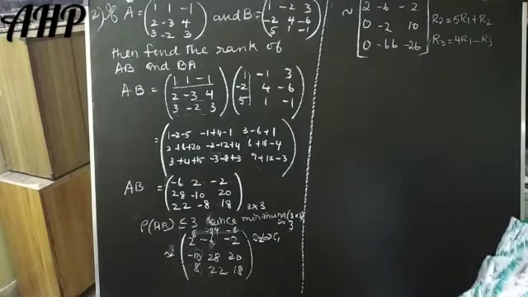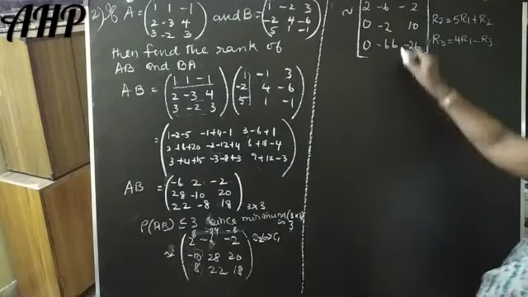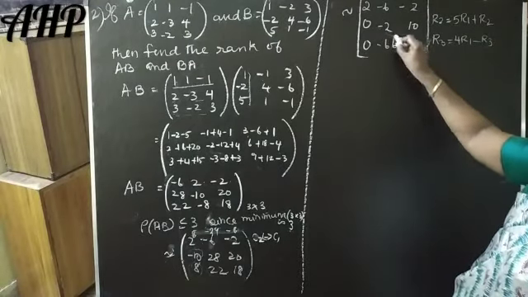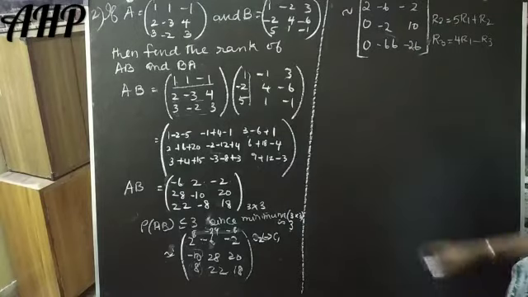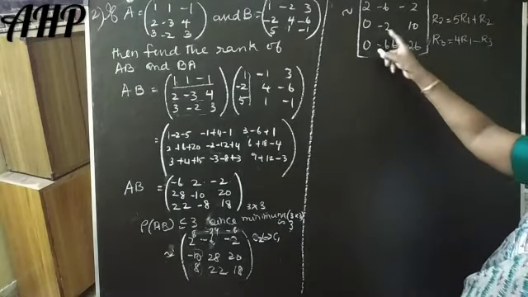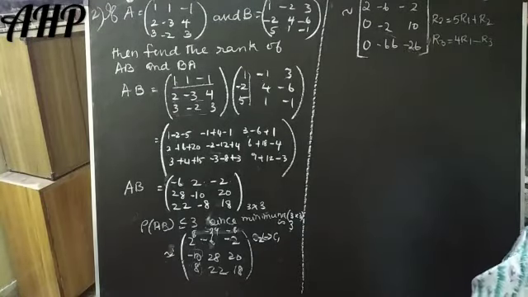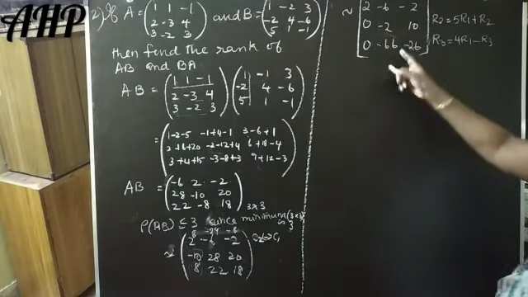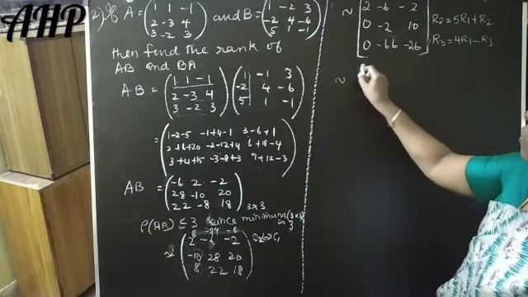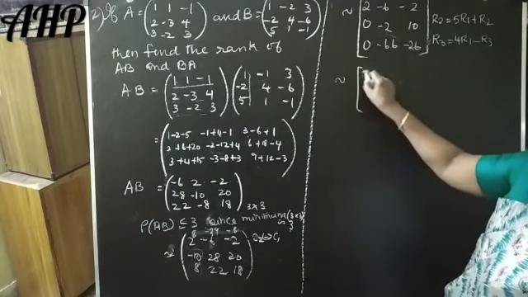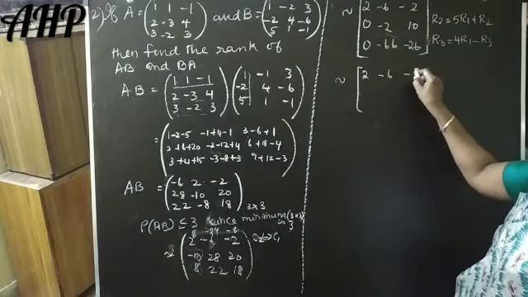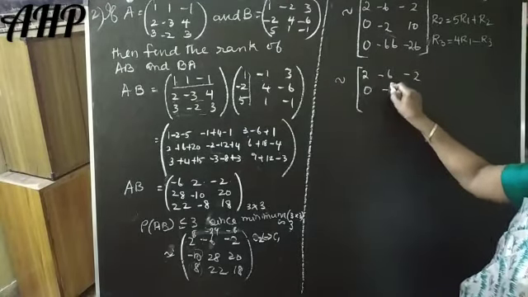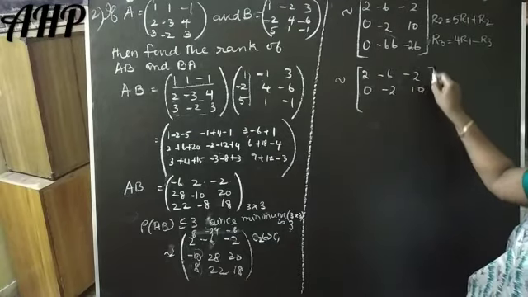Next our aim is to make this place 0. So to make this place 0, we need to multiply the second row by 33. Then we get 66. So this is equivalent to 2 minus 6 minus 2, 0 minus 2 10.